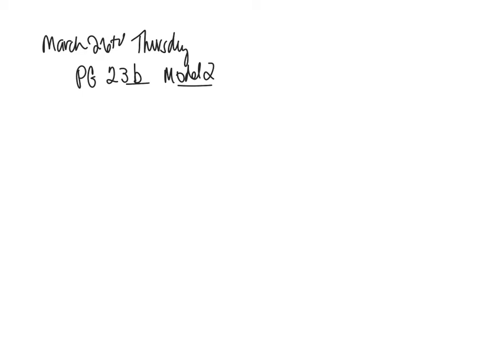Okay, so now we talked about the aldol condensation. Now we're going to talk about the mixed aldol. And Monday I gave you a problem that was a mixed aldol. So hopefully you can work on that. So here we have compound A in Model 2.